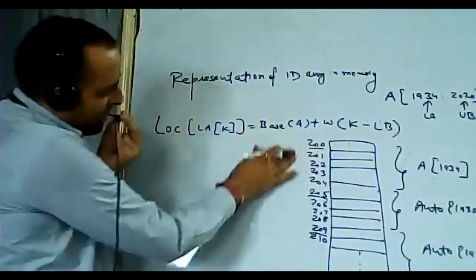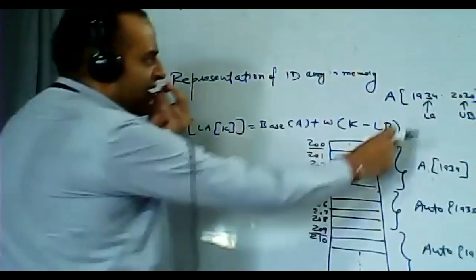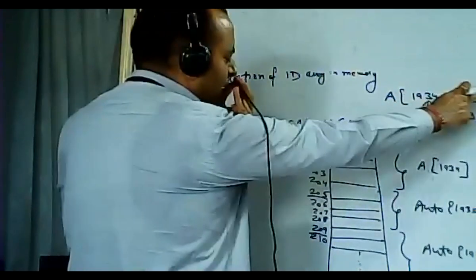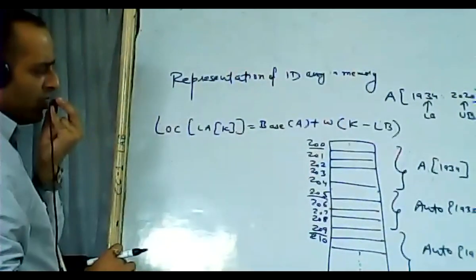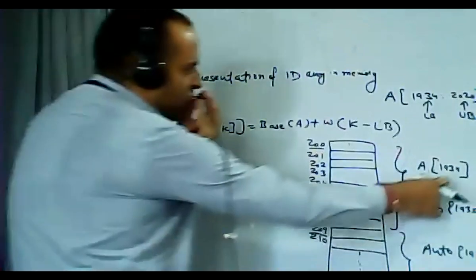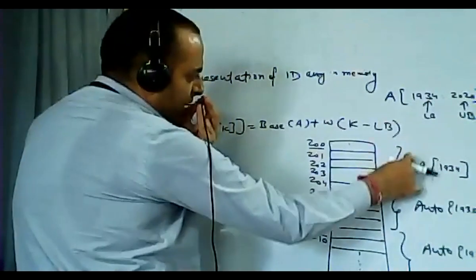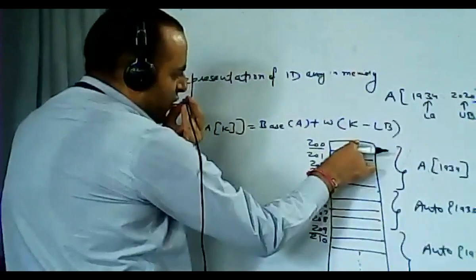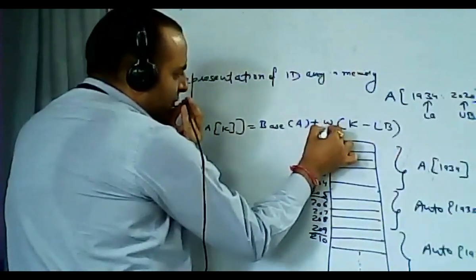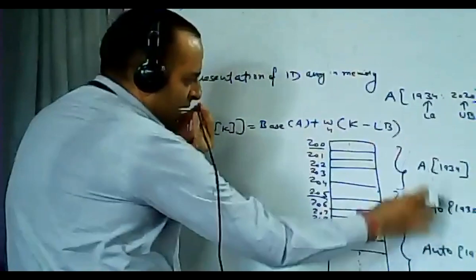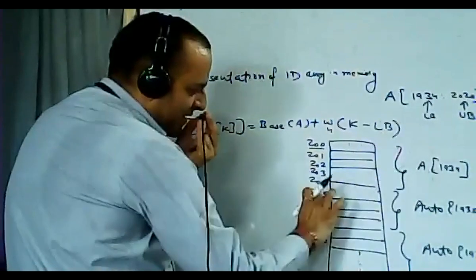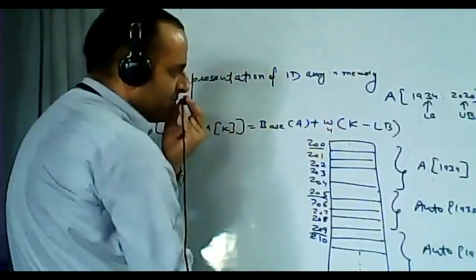So this is my memory in which we have memory locations. I have an array starting from 1934 to 2020, lower bound and upper bound. The first value 1934 is stored in 4 memory cells, 1, 2, 3, 4. So this is my W. W is 4 in this example. तो आप देखिए किसी भी वैल्यू स्टोर करने के लिए 4 एड्रेस लग रहे हैं. And so on.